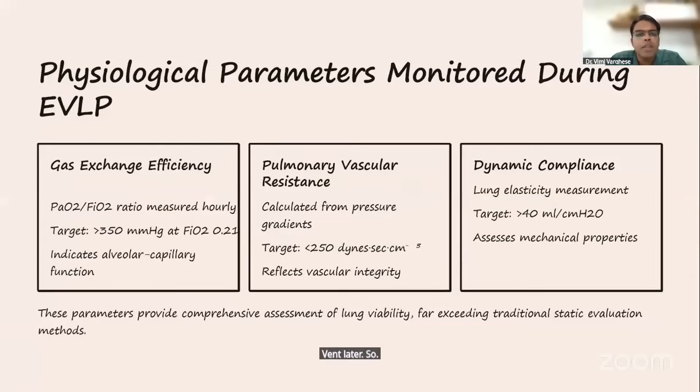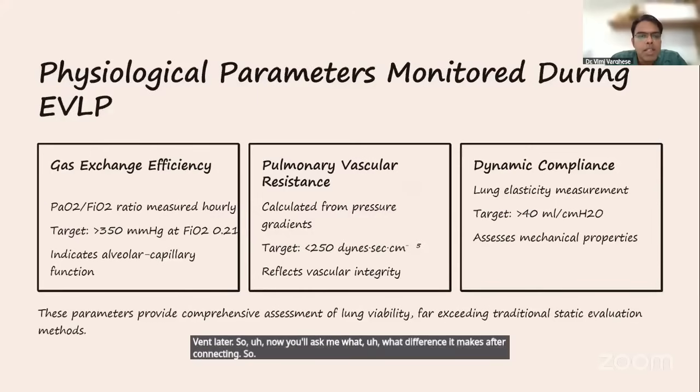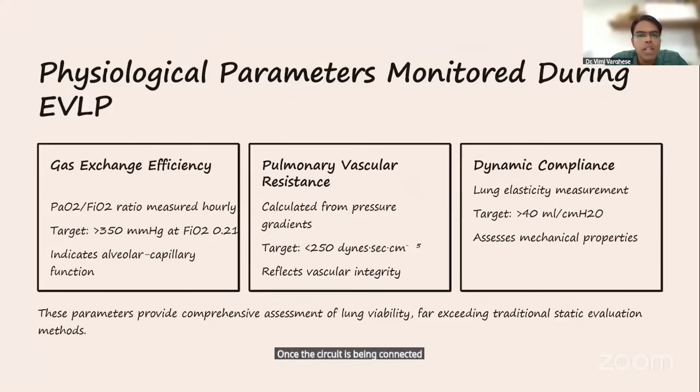So now you'll ask me what difference it makes after connecting. Once the circuit is connected and the solution starts to flow, each hour you can do an X-ray. You can measure different parameters like the PF ratio, pulmonary vascular resistance, and the compliance of the lung.